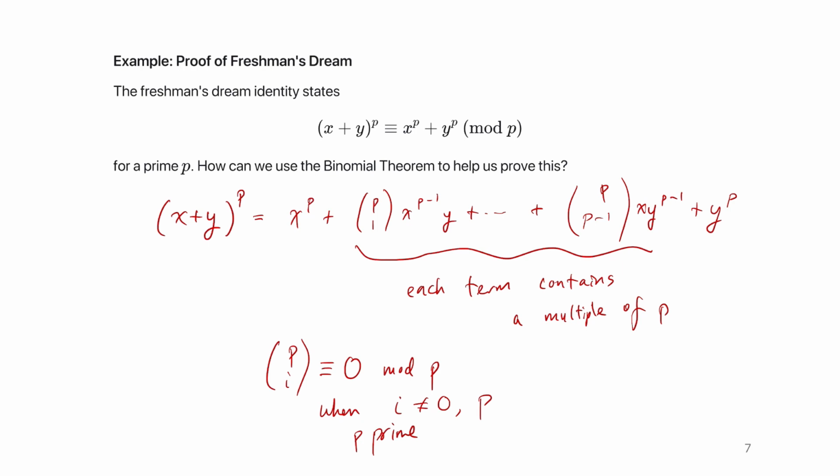Right? So p choose 0 and p choose p are both always going to be equal to 1. But if you look at p choose 1, p choose 2, any of those things, we showed that that will always be a multiple of p, because there will be a multiple of p in the numerator, but not the denominator, because p is prime. And all of the elements of the denominator are less than p. Okay? So any questions with this?